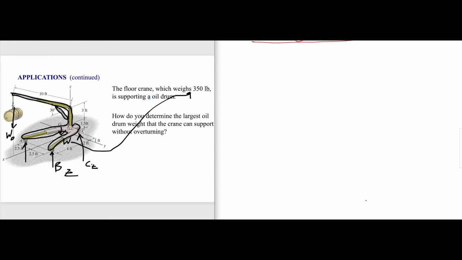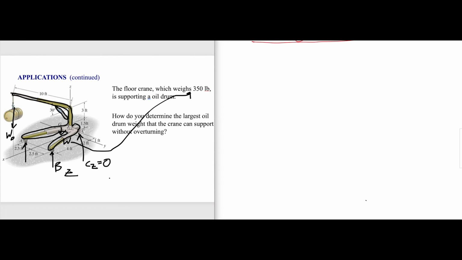What is happening to CZ? When it lifts off at C, that means it is no longer touching the ground at C. That means CZ will be equal to 0. So indirectly, the question is asking you to find W naught for which CZ becomes 0.